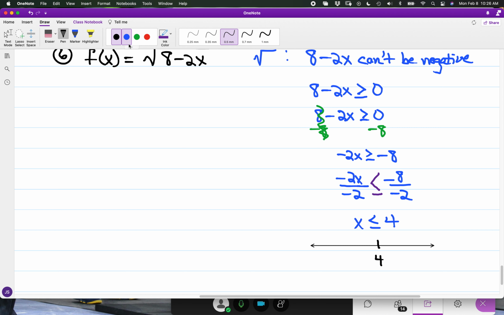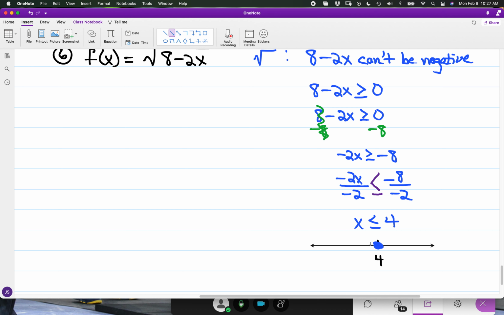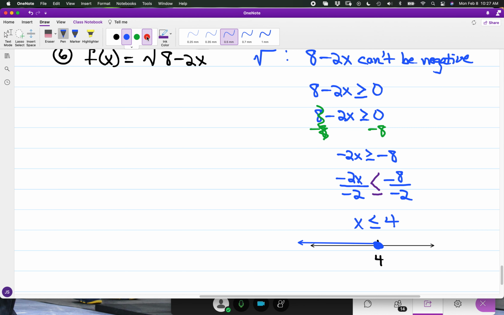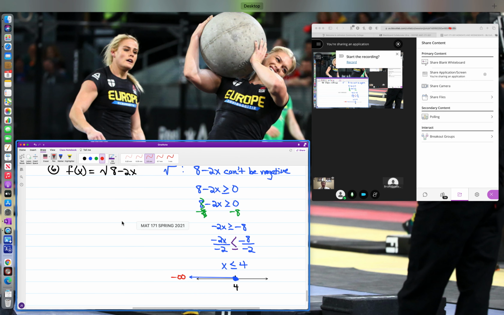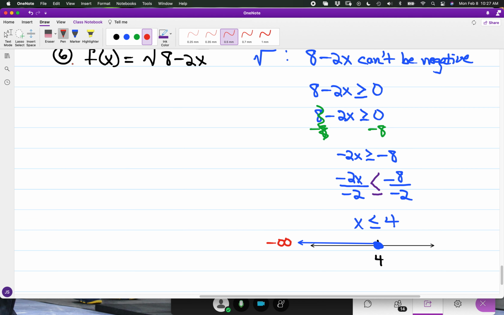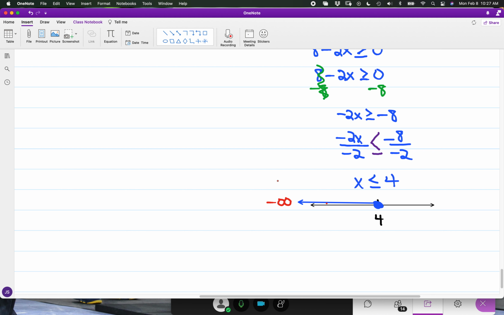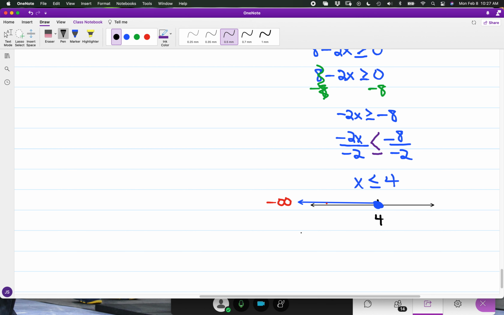Okay, so just looking at it graphically, you have the equal sign, so 4 is included. Everything else is going to be less than. Again, we have the lower limit in the direction of minus infinity.